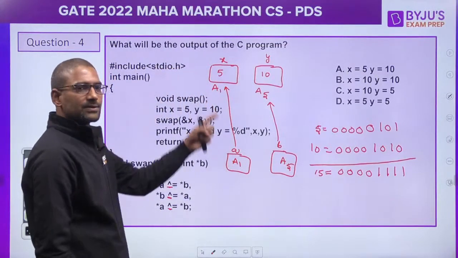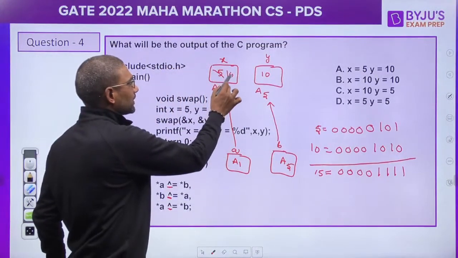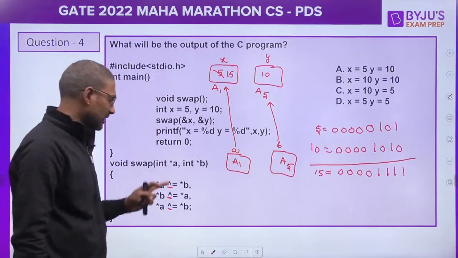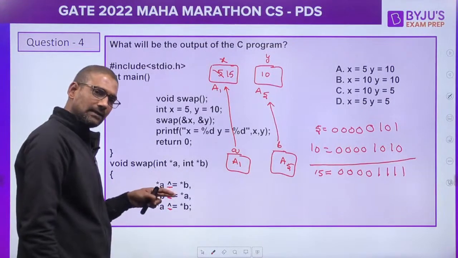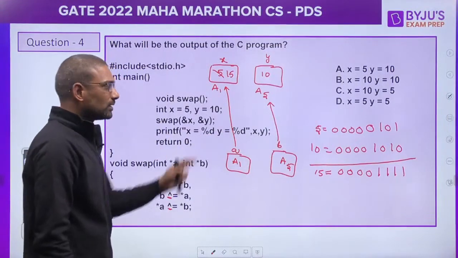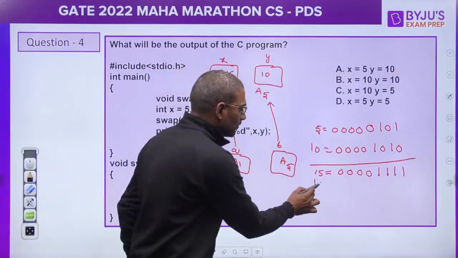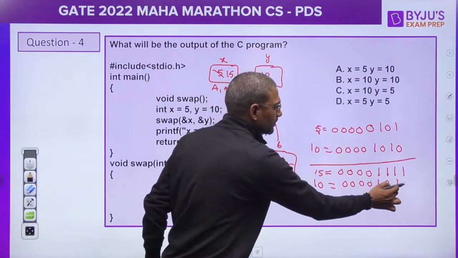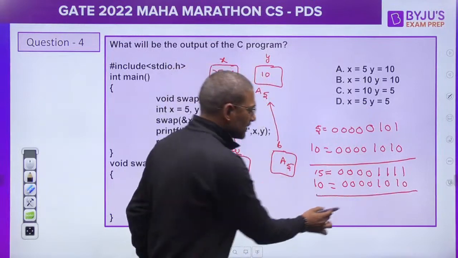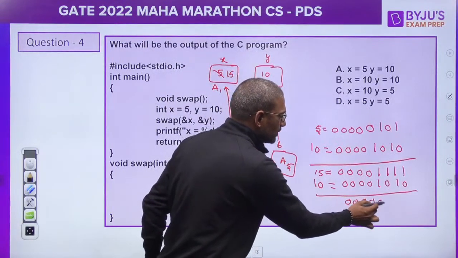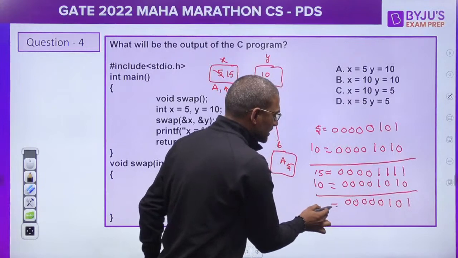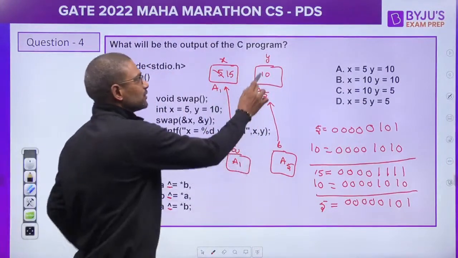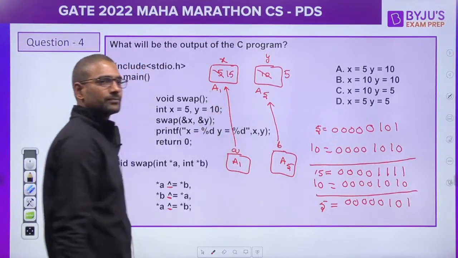So the value at address A1 becomes 15. Now the value at address A5 should be the value at A5, that is 10, XOR 15. With these two, the XOR operation happens. When you do XOR, you get 0 0 0 0 0 1 0 1, which is again 5. So the value at address A5 should be 5.